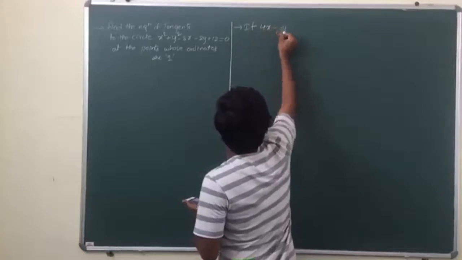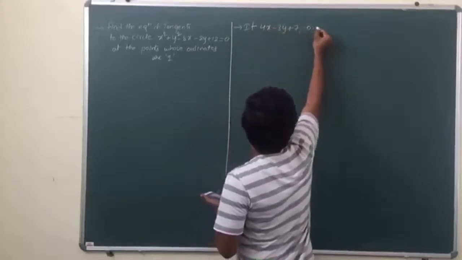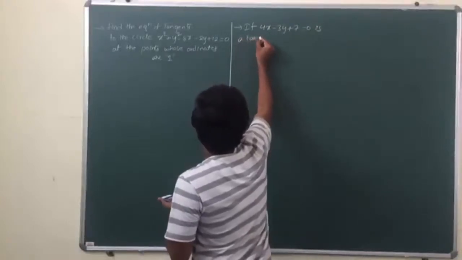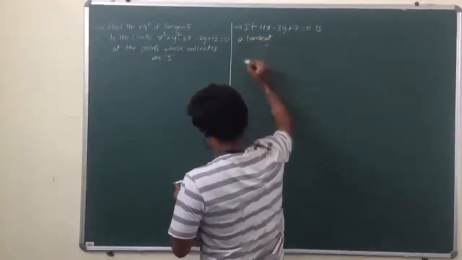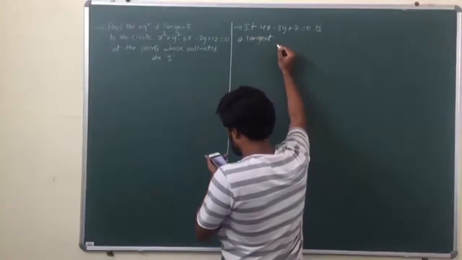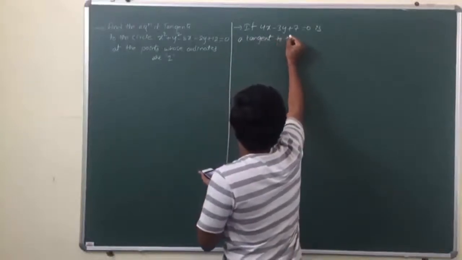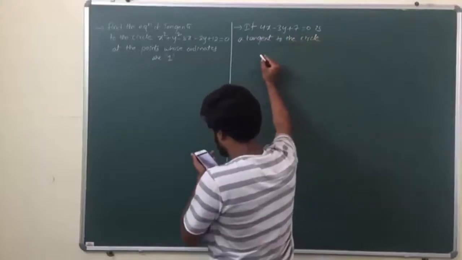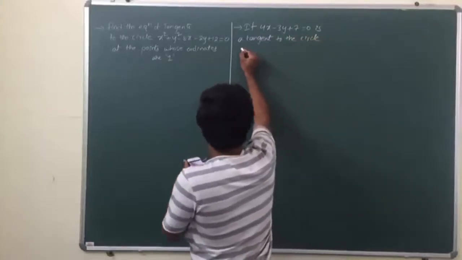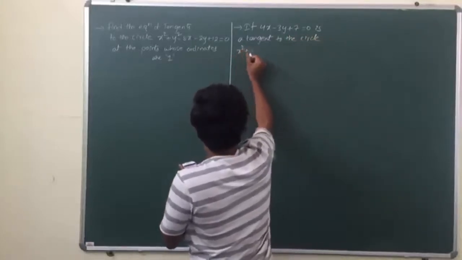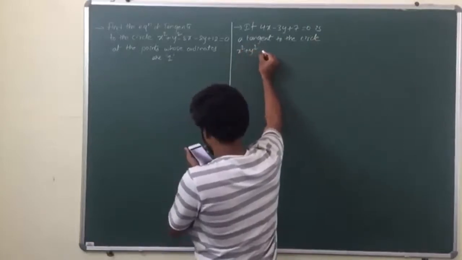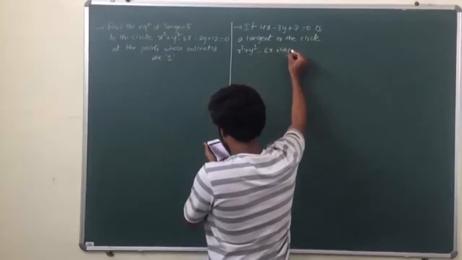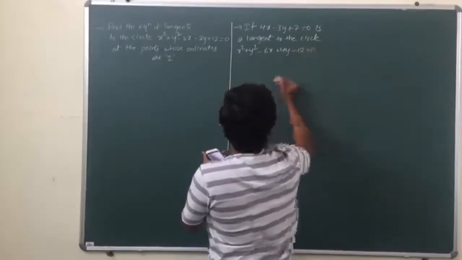4x minus 3y plus 7 is equal to 0 is a tangent to the circle x square plus y square minus 6x plus 4y minus 12 is equal to 0.